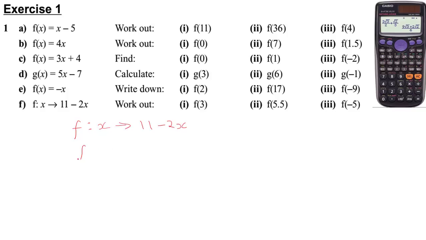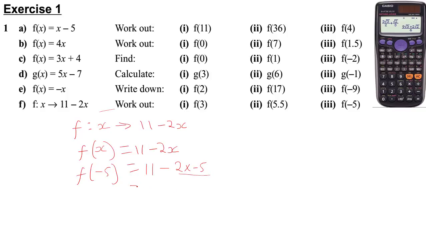Now it will be good to use the first notation, which is to use the bracket notation, f of x equals 11 minus 2x. Now that means that if x equals -5, that's -5 there, we now say f of bracket -5. And wherever x is, all we need to do is to sub it in. So 11, take away 2 times -5, because 2x means 2 times -5. And you can underline that and do it fast.